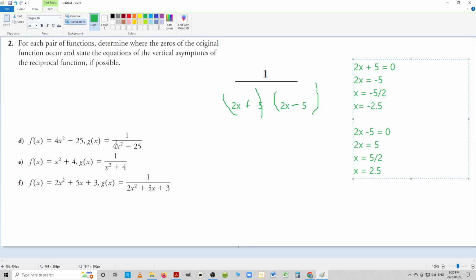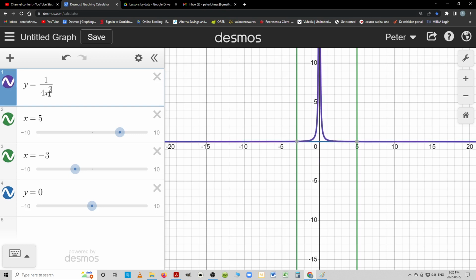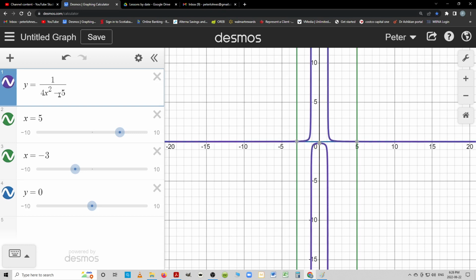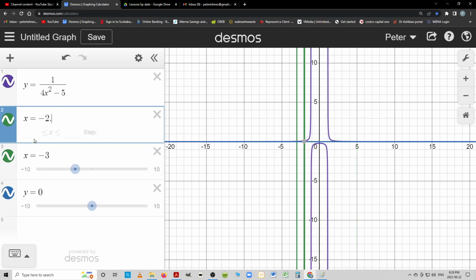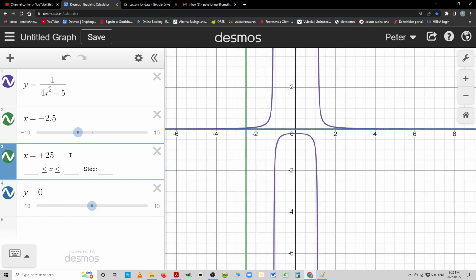And sure enough, let's put in the original one instead, 4x squared minus 25. And according to me, the asymptotes are going to be x is equal to negative 2.5 and x is equal to positive 2.5. And let's see if that's true. Did I get something wrong?